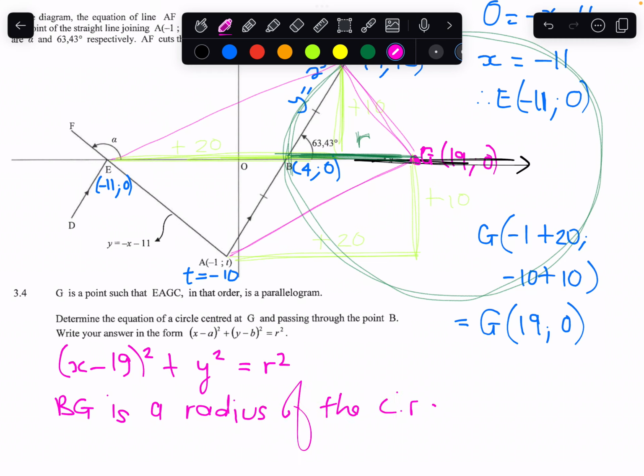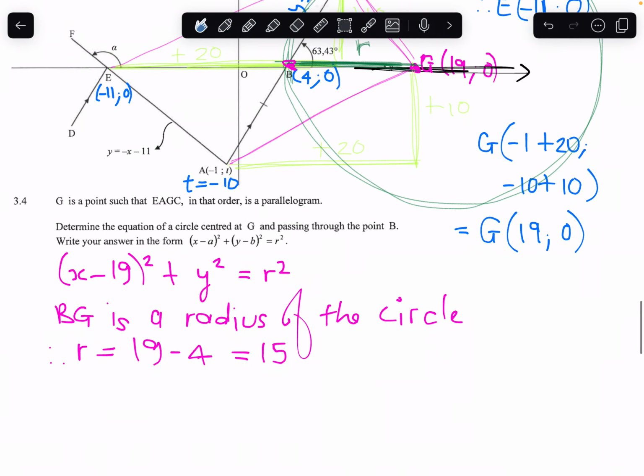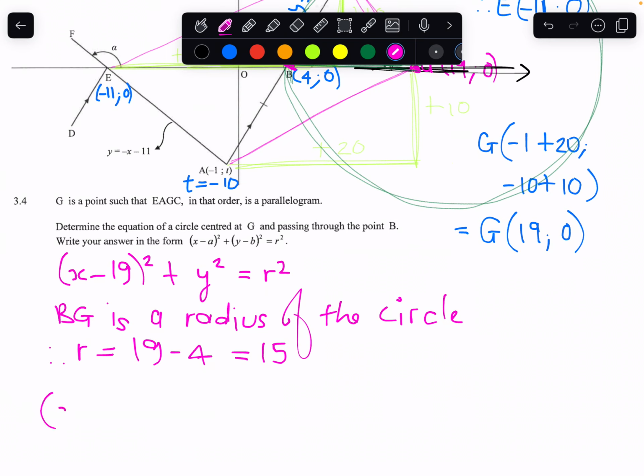Okay, and so we can use that knowledge to say, therefore r is equal to 19 minus 4. How many steps did I need to make to get from B to the center? I need to make 15 steps. And so our equation in all its glory for this circle is going to be (x minus 19) squared plus y squared is equal to 15 squared, right?